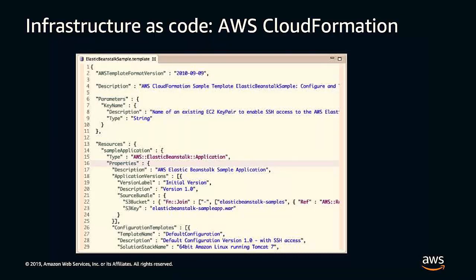You describe your infrastructure with JSON or YAML, and this is describing an Elastic Beanstalk application. And then once you have your script, you basically send that over to the CloudFormation service. You upload it using the CLI, for example. You take your file and you upload it to the CloudFormation service, and then the CloudFormation service reads that template, that file, and then it goes and starts creating infrastructure based upon what you've described in that file.